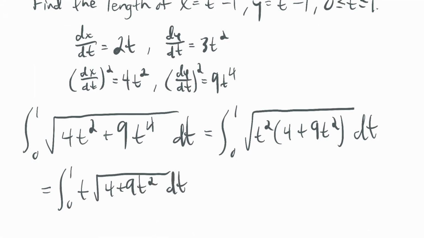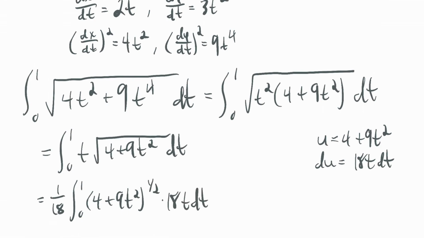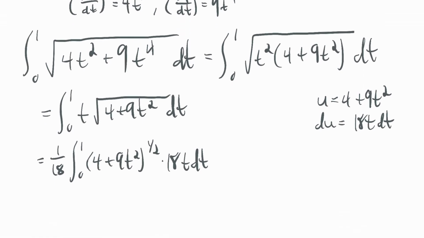So I'm going to do a change of variable. I'll say that u equals 4 plus 9t squared, so du equals 18t dt. I'm going to need to borrow an 18. So this will be 1 over 18 times the integral from 0 to 1 of (4 plus 9t squared) to the 1/2 power times 18t dt. And then I will do my substitution.